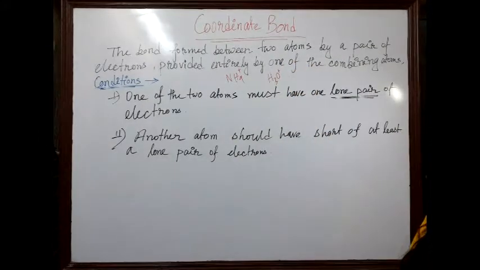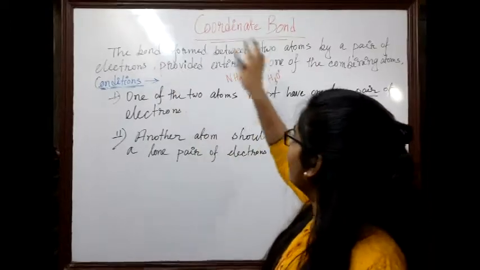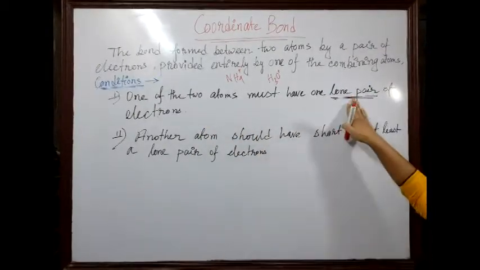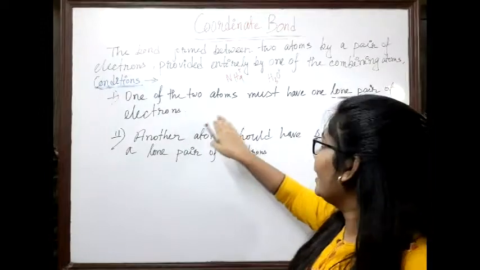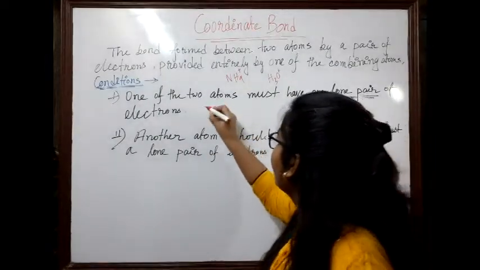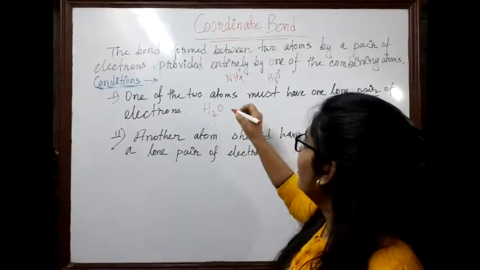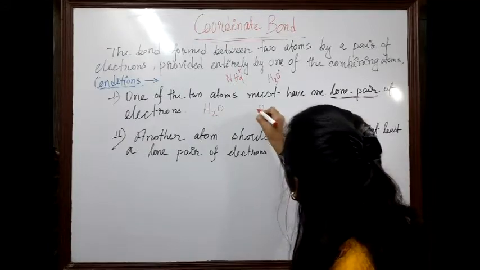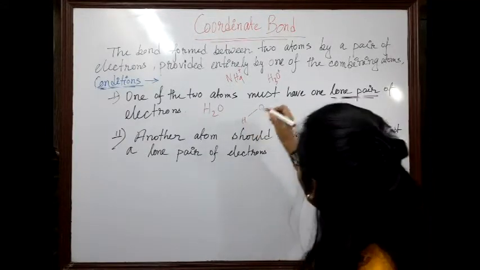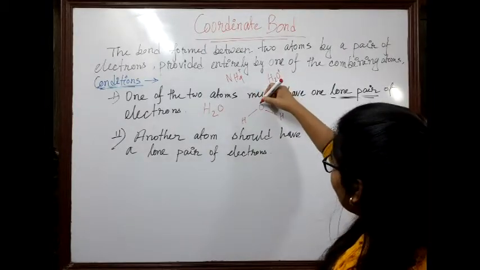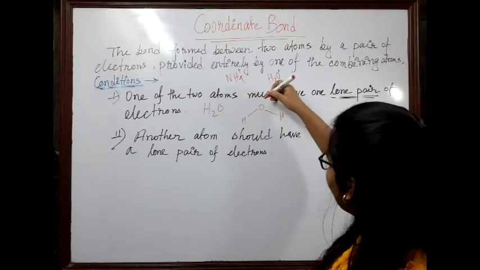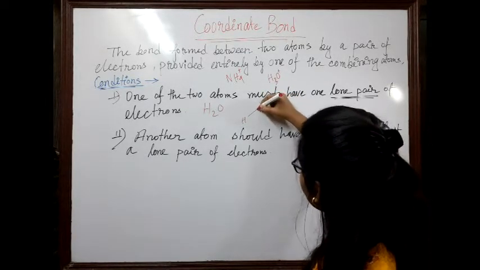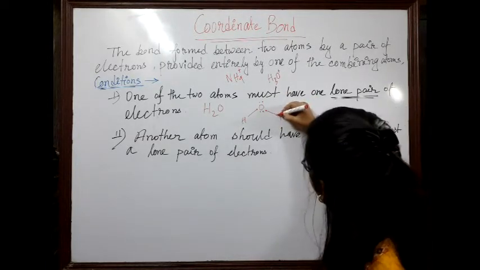Okay. Now come to the conditions for formation of coordinate bond. At first, one of the two atoms must have one lone pair of electrons. Like, we can take a water molecule. Here, we can see O and H. We all know oxygen has 6 electrons in its valence shell, 1, 2, 3, 4, 5, 6, and hydrogen has 1 electron.